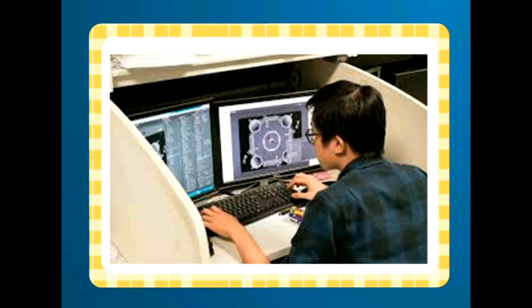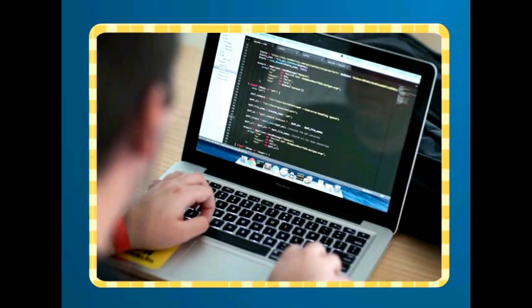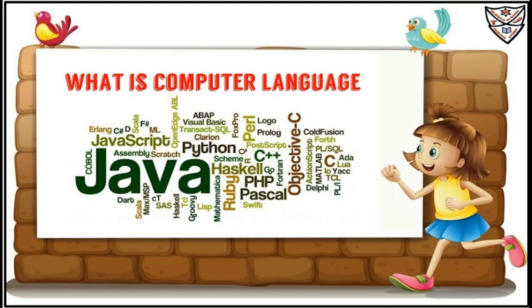The users who have the knowledge of computer languages write programs for the computer. Such users are called programmers. Each computer language has its own set of rules which are followed by the programmers to write computer programs. This set of rules is called syntax rules.